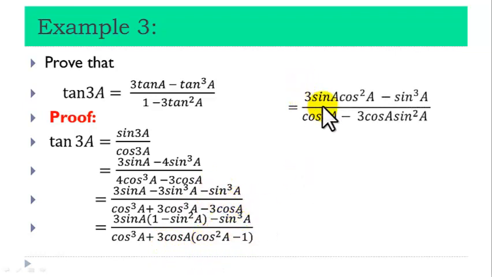This is equal to 3 sine a cos squared a, since 1 minus sine squared a is cos squared a, then minus sine cube a all over cos cube a. Cos squared a minus 1 is minus sine squared a. So that will change this sign to minus 3 cos a sine squared a.